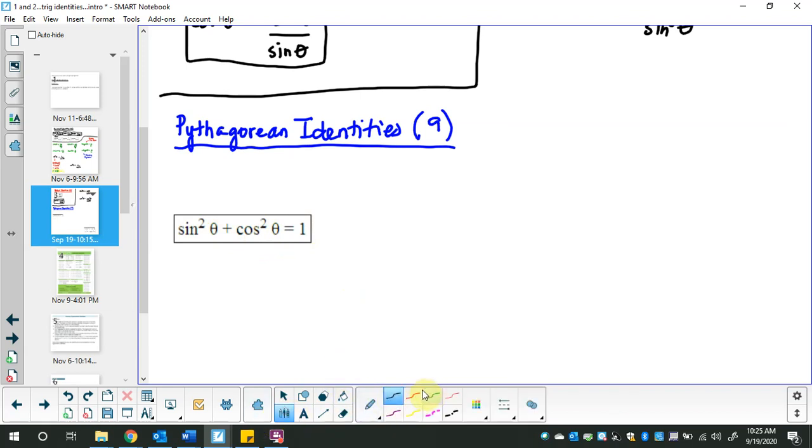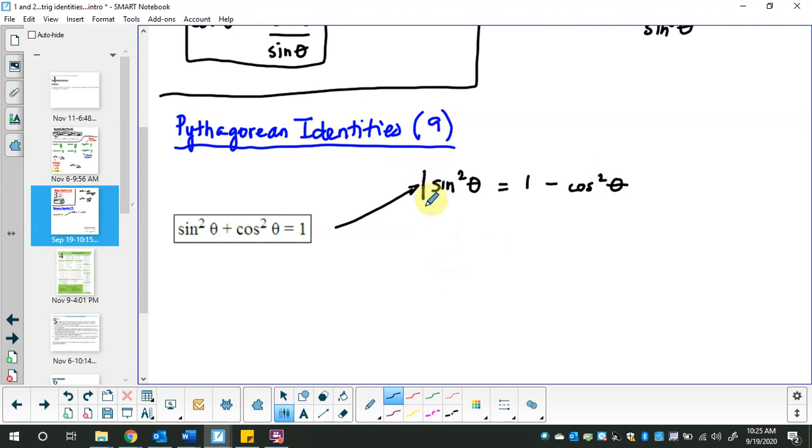Let's make our other 2, though. And these are quite easy, I think. Number 1 is taking sine squared theta and leaving it on the left-hand side of the equal sign, leaving the 1 on the right-hand side of the equal sign, and taking the cos squared theta, which is positive, across the equal sign and changing its operation.